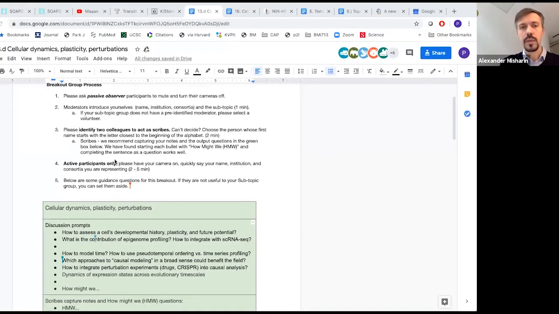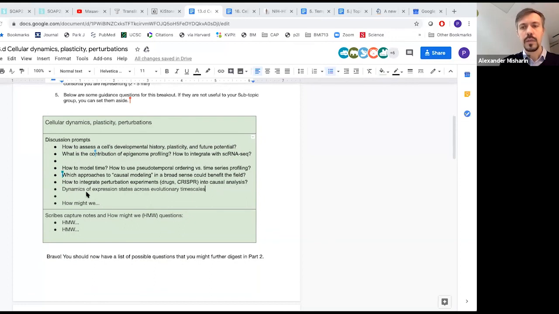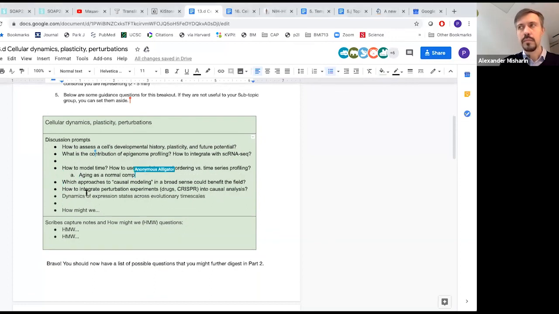Everyone is aware that if we do just normal profiling, even within healthy individuals, we will often run into this problem that there is so much inter-individual variability related to sex, related to environmental exposures, related to how we harvested the tissue, that it is actually challenging to untangle the actual aging component.